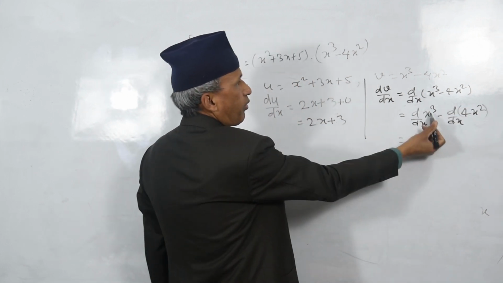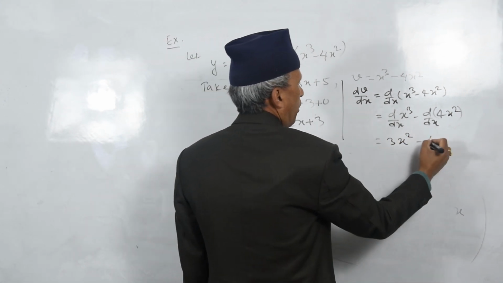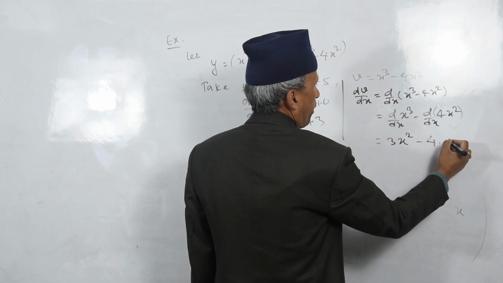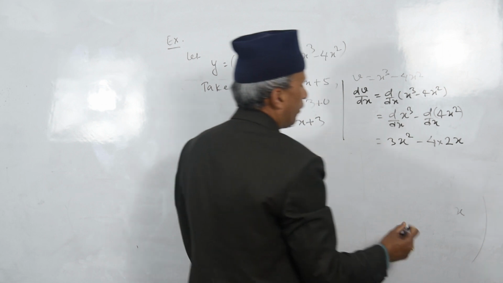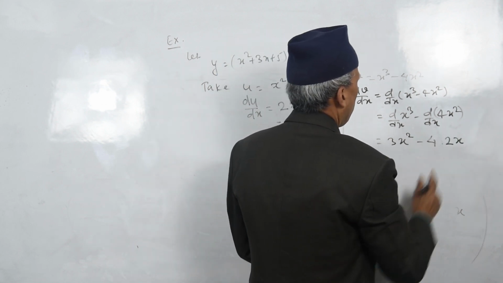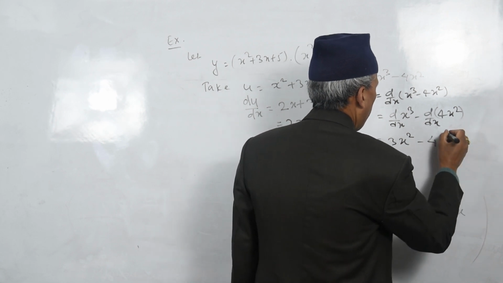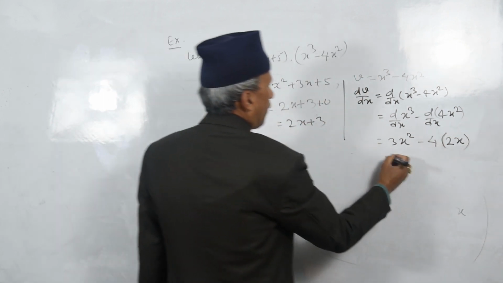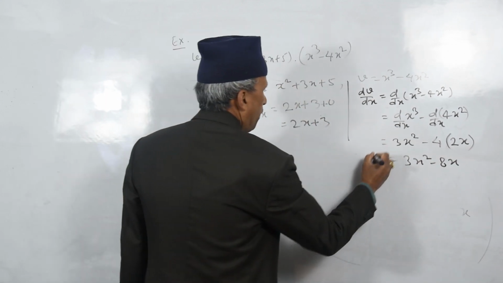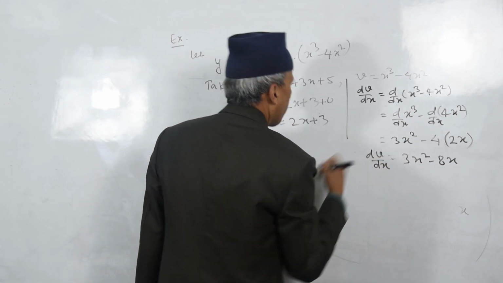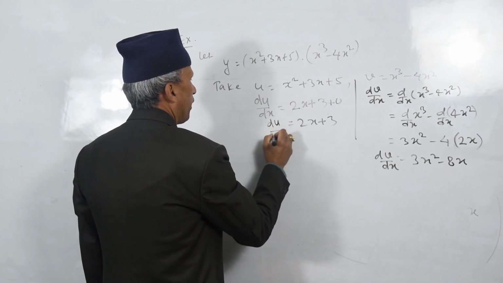By the power rule, n x to the power n minus 1, we get 3x square minus 4 constant, and the derivative of x square is 2x, so 4 into 2x. That is dv by dx. Just find these two values, then use the formula.